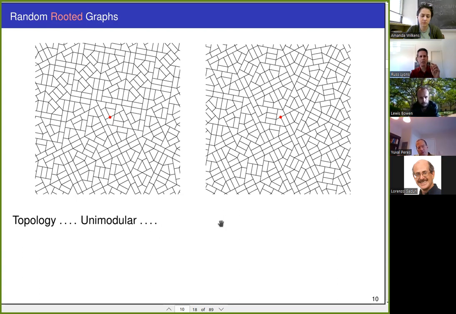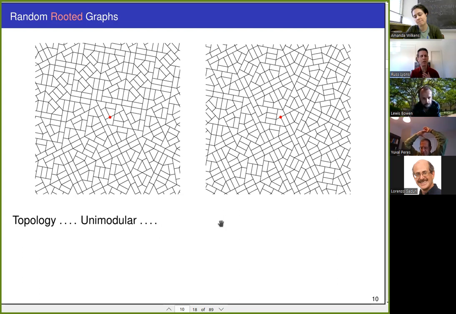Remember, this is going to be a random rooted graph. And the idea is that intuitively, the root is uniformly chosen. Now, that doesn't make sense because there are uncountably infinitely many choices in a given graph. But you can think about it that way. And that works very well for almost everything.